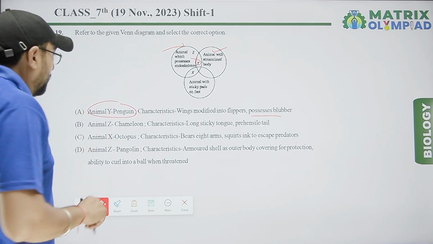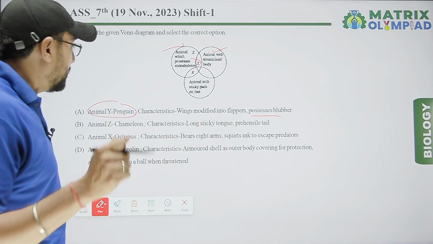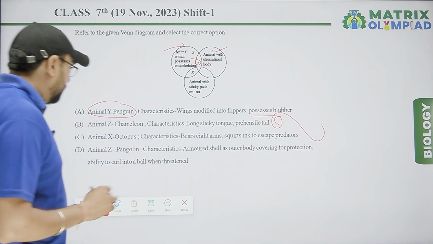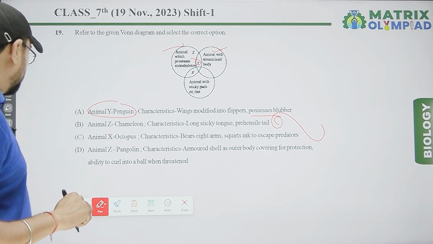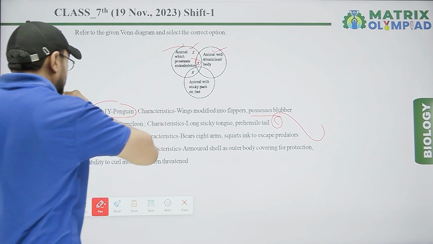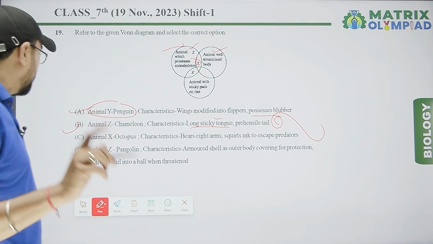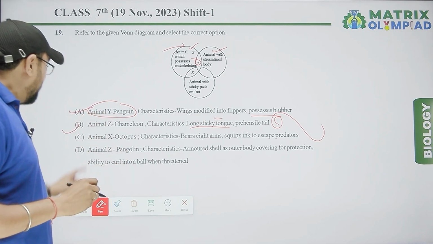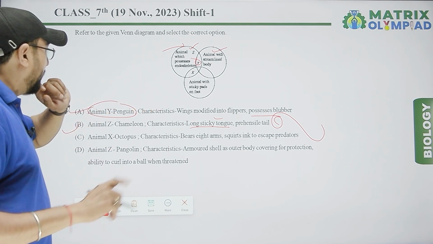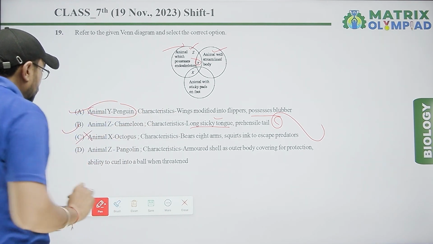Z, chameleon, characteristic long sticky tongue and prehensile tail. It means this type of tail, but this option is right according to this question. Endoskeleton present and long sticky tongue present, right. Option B is right. Next, option C, animal X is octopus, but animal with sticky pad on feet, so octopus is wrong.